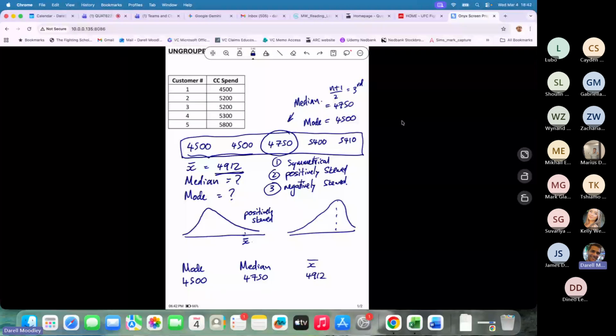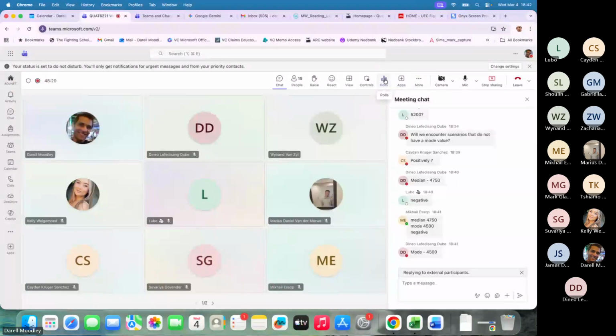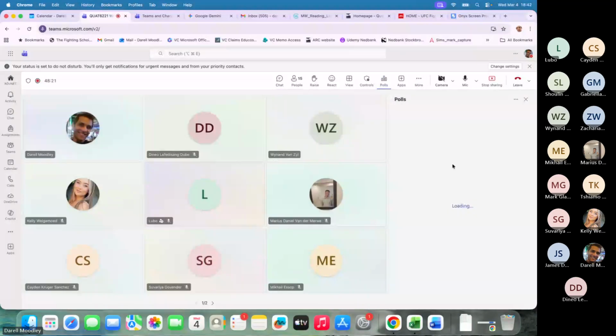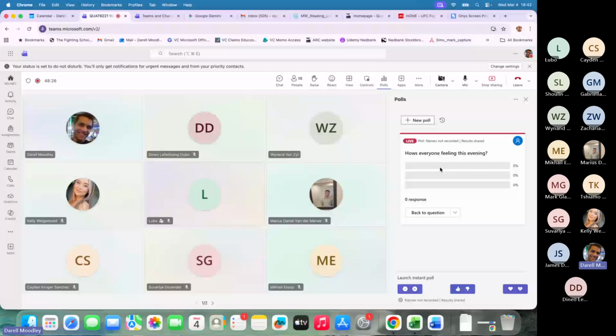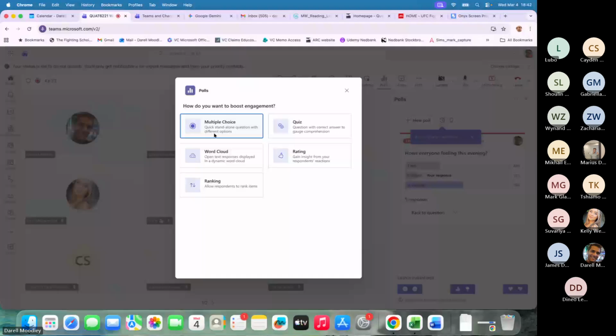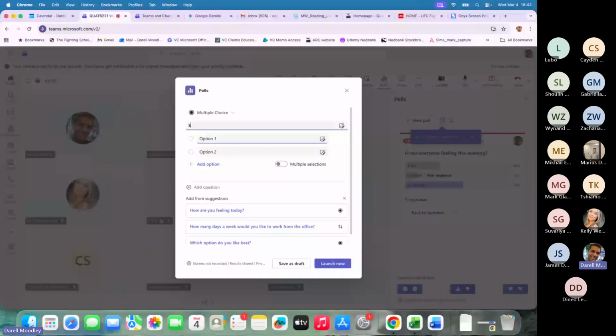Okay, stay there for a second. I'm going to give you a poll to gauge what the class understands in this case. What's your vote on the shape of the distribution? Is it symmetrical?